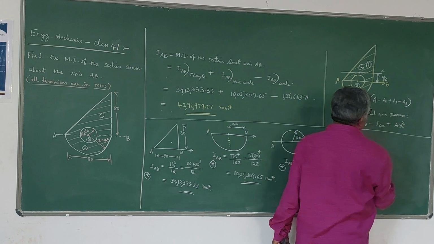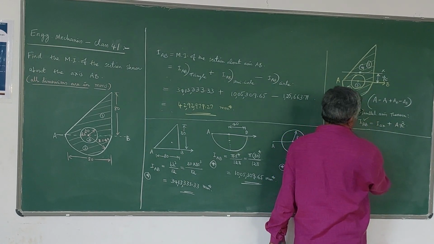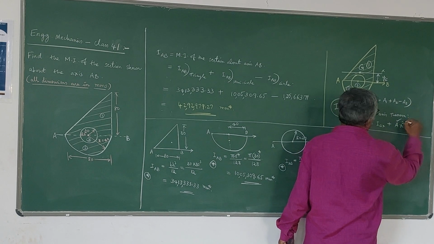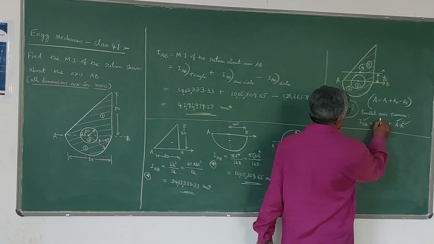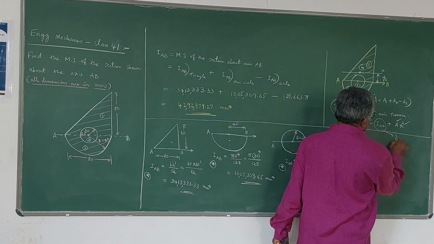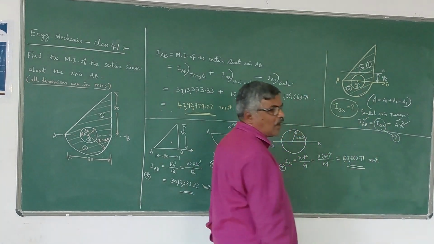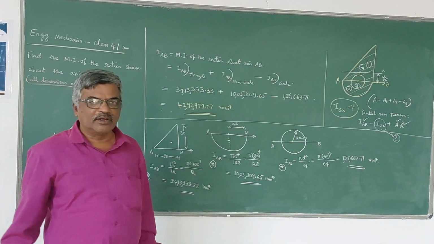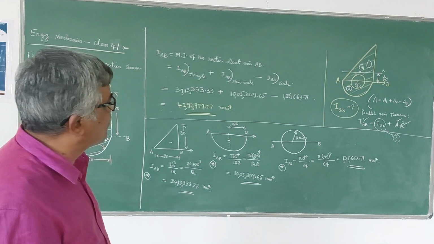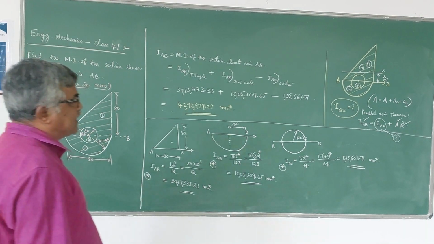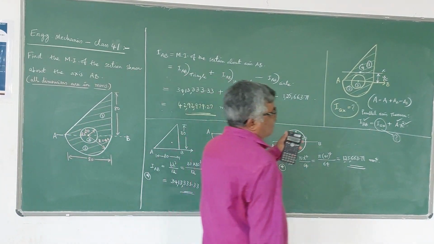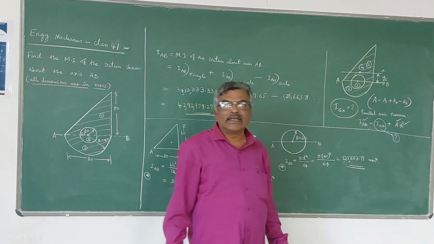Here IAB you have already calculated, A you know, YC square you know. Find out the value of IGX. So this is how we have to do. If they ask for the moment of inertia about the horizontal centroidal axis, then you need to get the value of YC by locating the centroid.